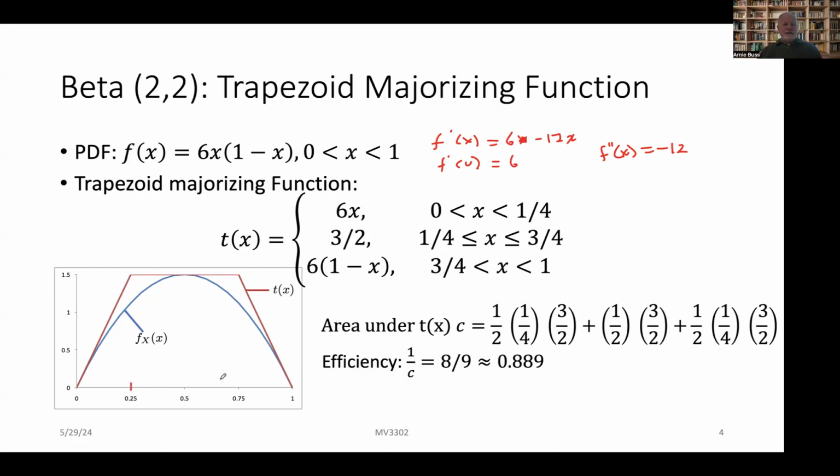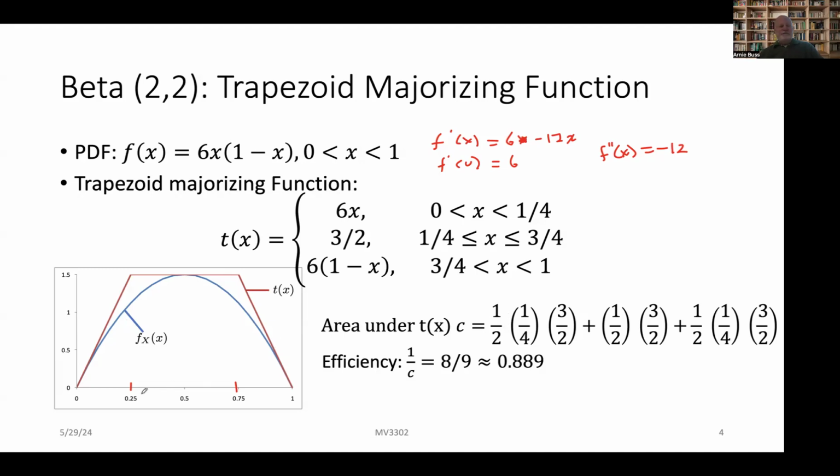And it turns out that the points here are at 1/4 and 3/4. And so we can compute the area using our decomposition. We have a triangle, a square, a triangle, a rectangle, and another triangle.